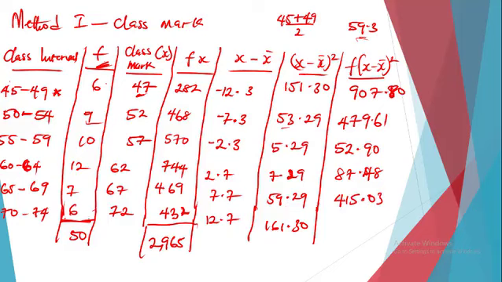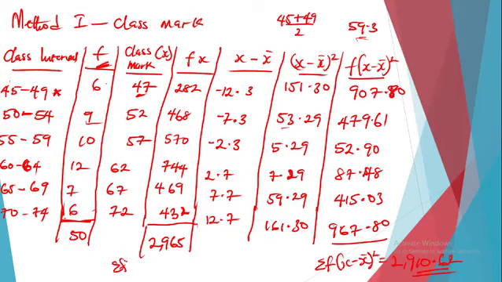And lastly, we have 6 times 161.30 to give us 967.80. And the total of this will give us the summation of f times x minus x bar squared, and that will give us 2910.62.